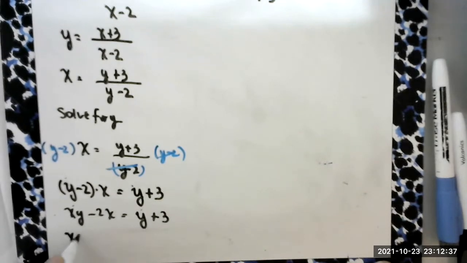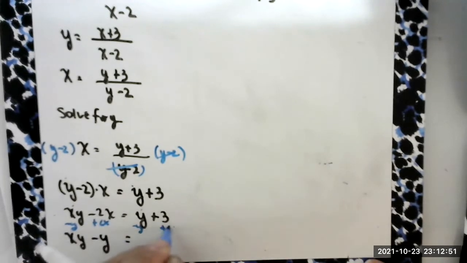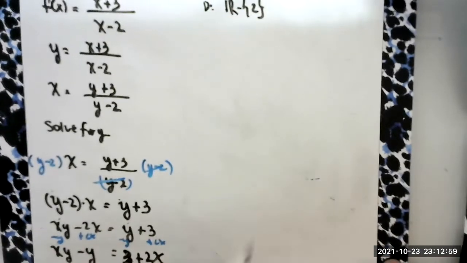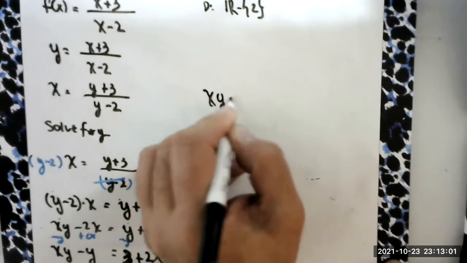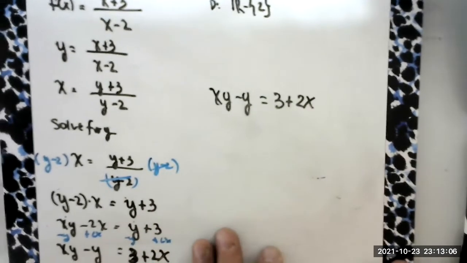So I have xy - y equals, and the lovely negative 2x, perhaps we can add it. So we can add 2x, so we have 3 + 2x. So let me rewrite what we have done there. xy - y equals 3 + 2x.